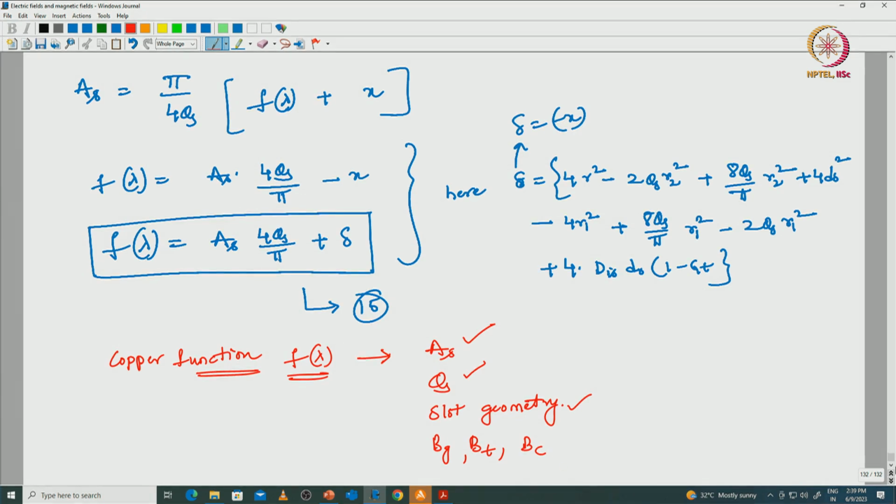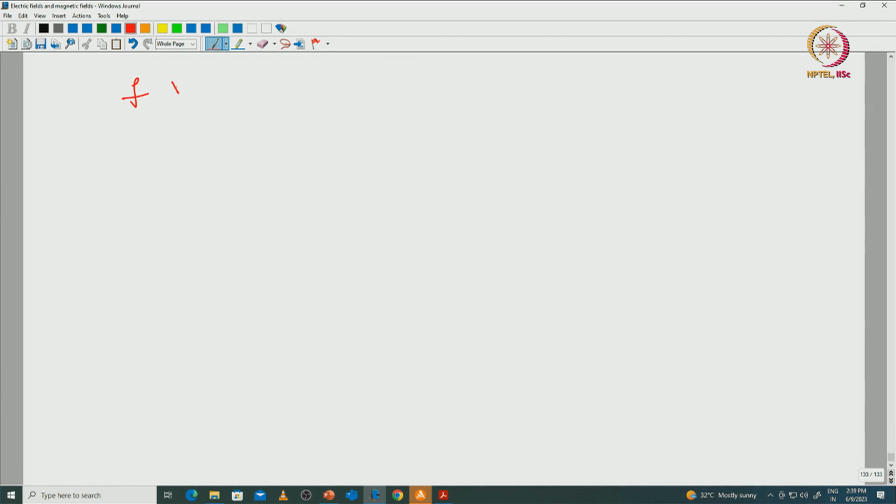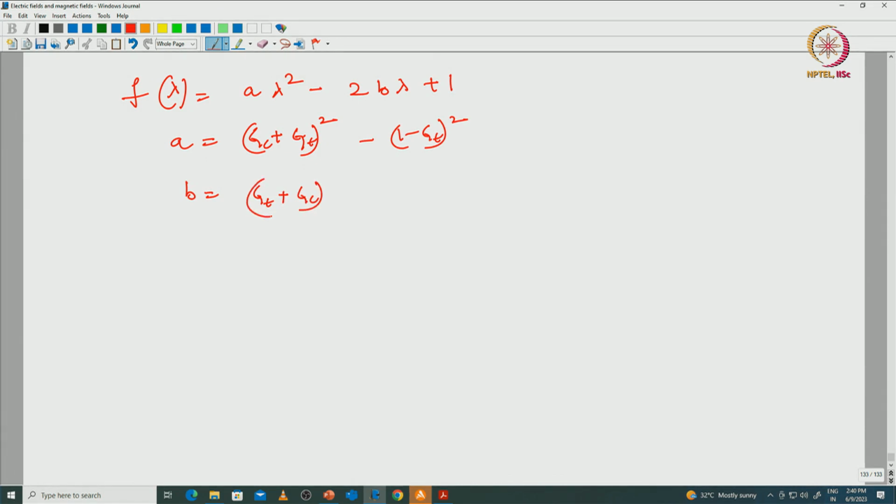F of lambda is nothing but a second order equation. I am representing it as a lambda square minus 2b lambda plus 1. Here a is nothing but (gc plus gt) square minus (1 minus gt) square, b is equal to gt plus gc, and then lambda is equal to dis by d naught s.